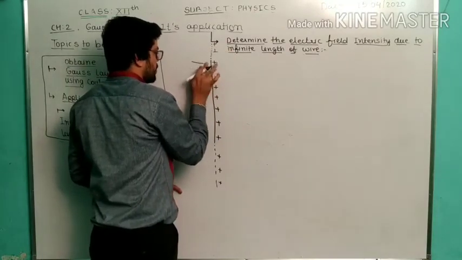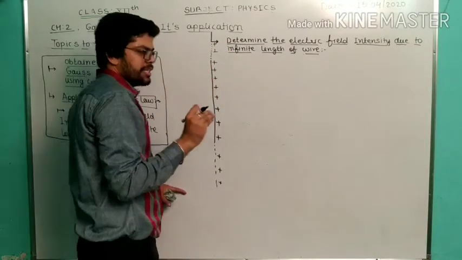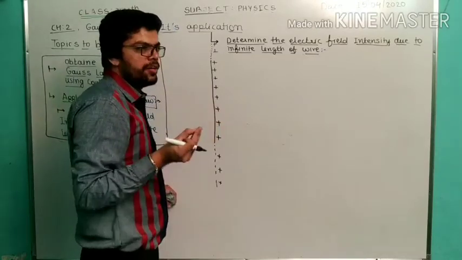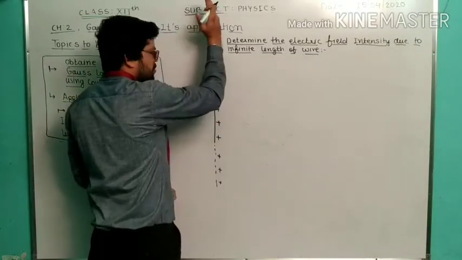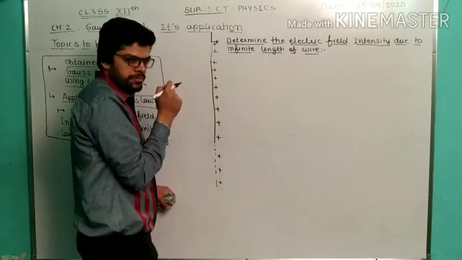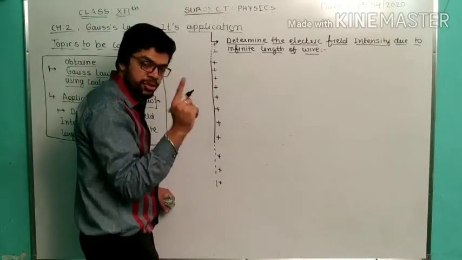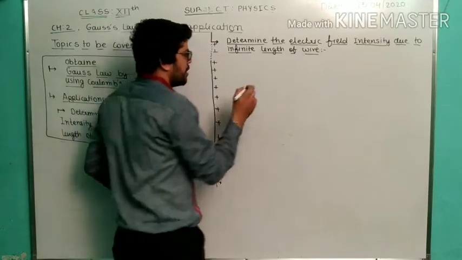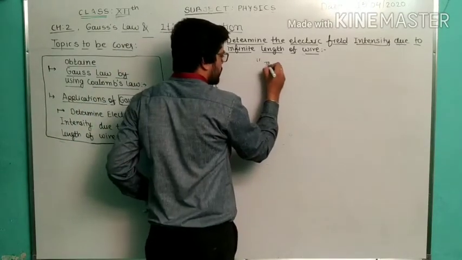Okay, and now the question is where the electric field will be produced: in this particular direction, upward direction, downward direction, or around this charge. So I told you the definition of electric field, if you know about that. What is the definition of electric field?